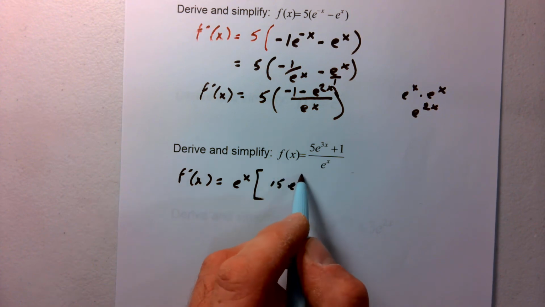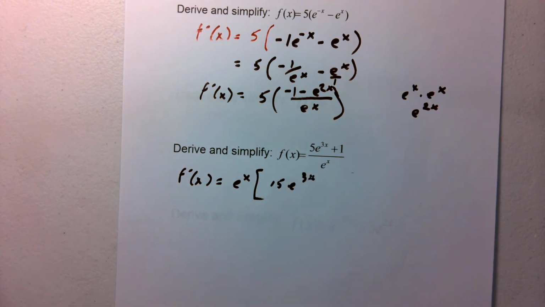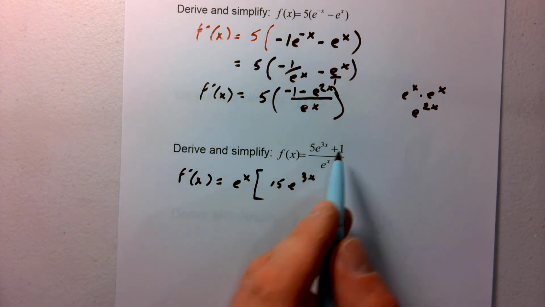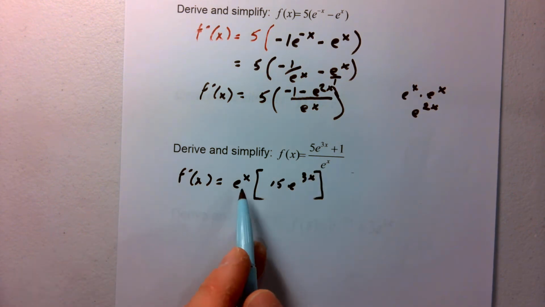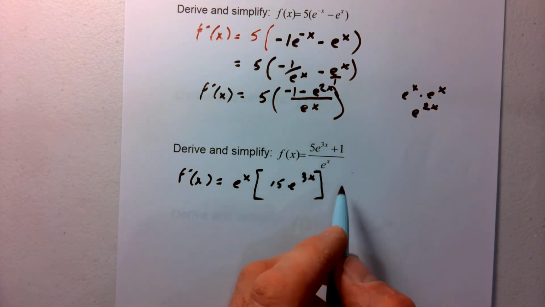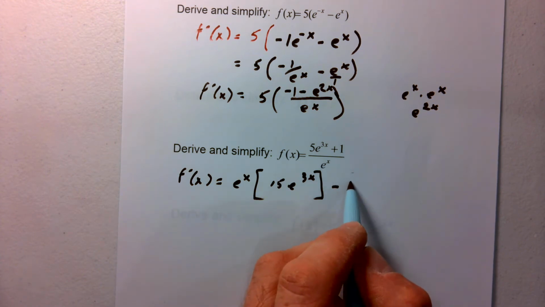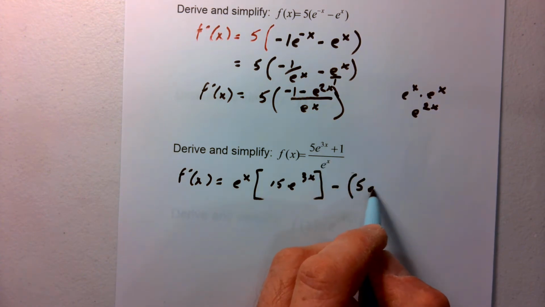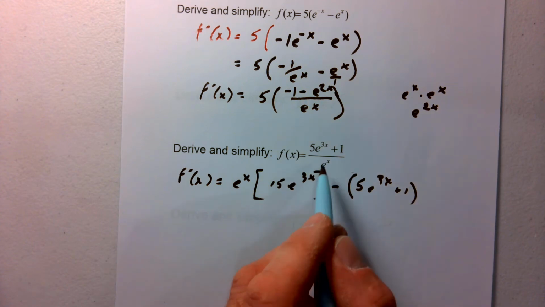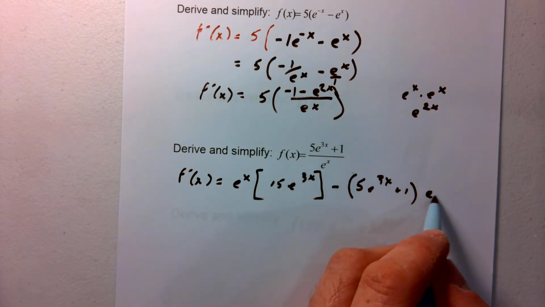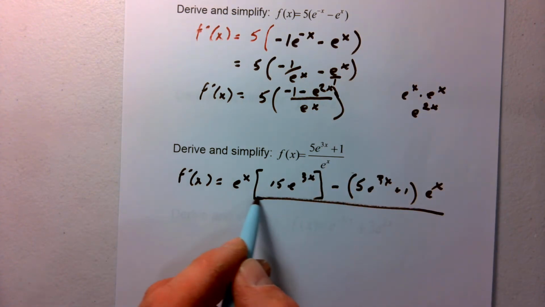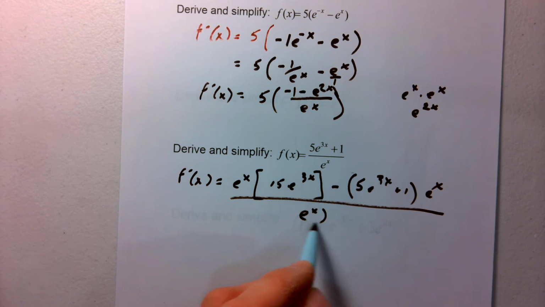And then e to the 3x. Again, the exponent does not change. Derivative of 1 is 0. So we have e to the x times 15e to the 3x, minus our high, which is 5e to the 3x plus 1, times the derivative of the denominator, which is going to be e to the x, all over e to the x squared.